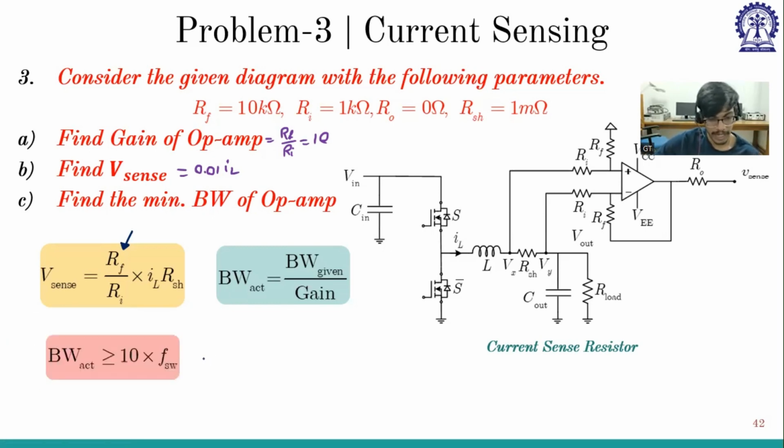So my actual bandwidth should be 10 times the switching frequency FSW. So the bandwidth given is BW, divided by the gain of the op-amp, which is 10. Now this is greater than or equal to 10 times the switching frequency. So what will I get? The bandwidth of the op-amp should be at least 100 times the switching frequency.